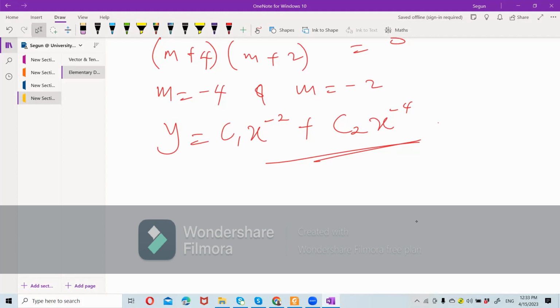Now, this was just a solved example on real roots. But what about when you have repeated roots? Repeated real roots, rather.